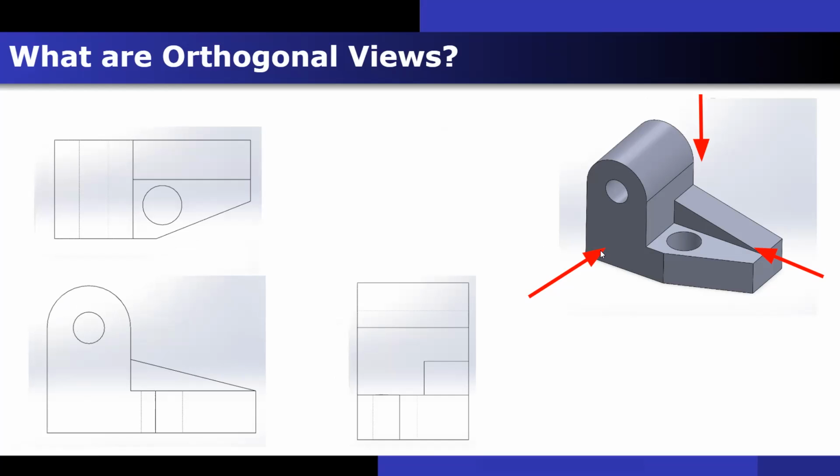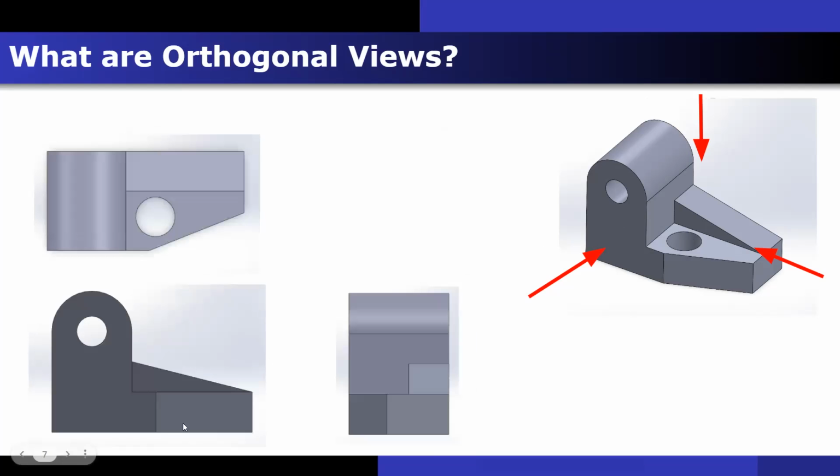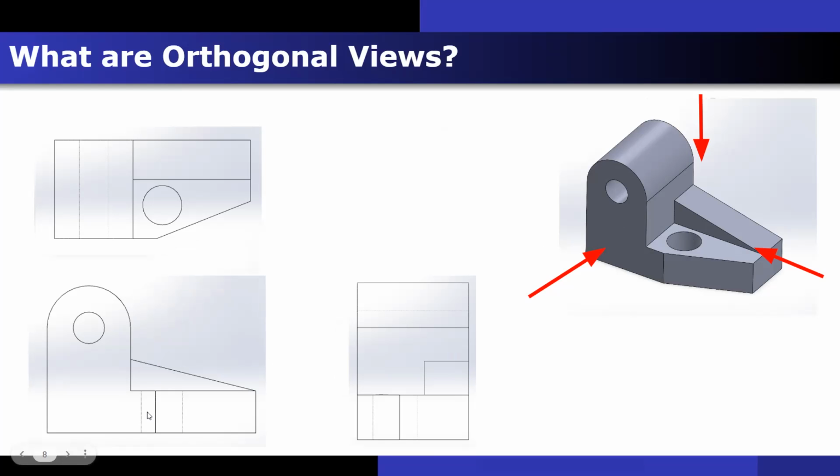However, if, for example, you have, like in this case, the horizontal hole, in the front view, it is not visible as we can see here. However, what we do to show that there is a feature in here is that we show it with dashed lines, which we call hidden lines. Those lines simply tell us that there is a feature in there that is not directly visible.